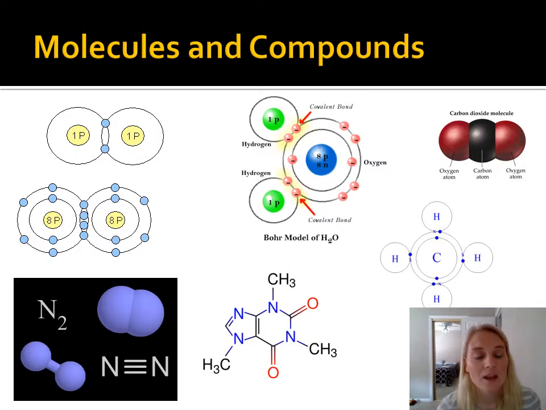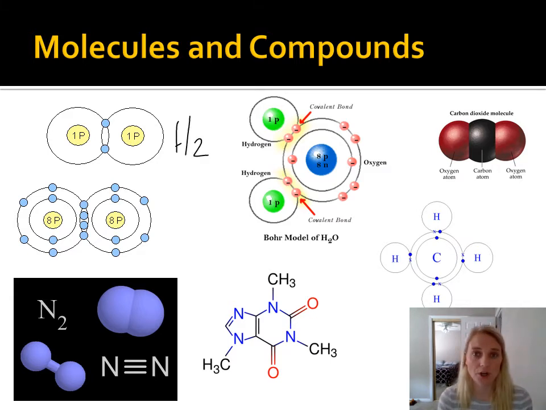Okay, so the next thing the book talks about is molecules and compounds, and what's the difference. I'm not super concerned about knowing exactly what the difference is. Just understand molecules and compounds are combinations of atoms that are bonded together. They're usually going to be covalently bonded. We haven't covered covalent bonds yet, but this would be H2.